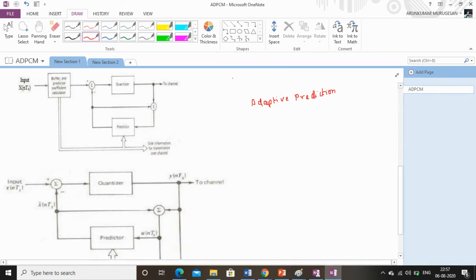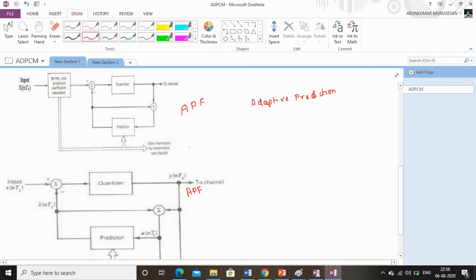One is adaptive prediction with forward estimation, and another one is adaptive prediction with backward estimation.